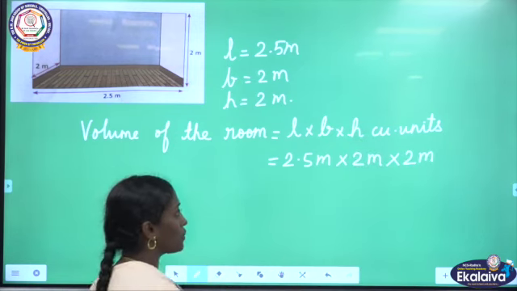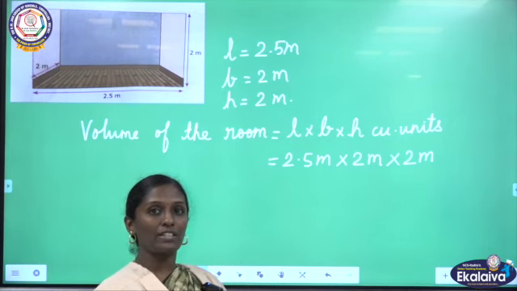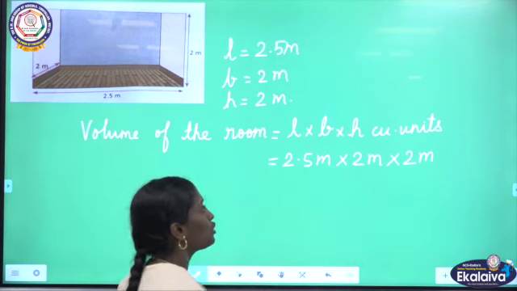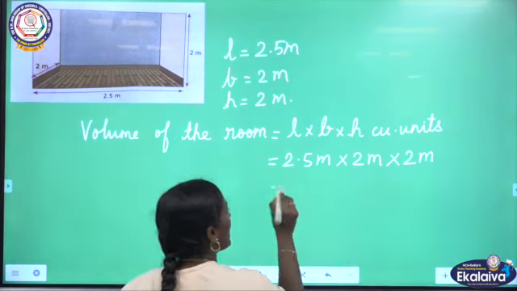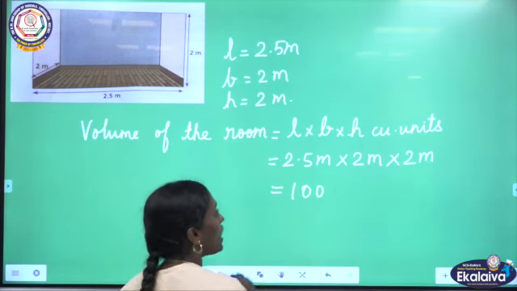Now we have to multiply the numbers. Here 2.5 is a decimal number. While multiplying a decimal number, we can consider it as a whole number. So 25 into 2, we will get 50. 50 into 2, we will get 100.